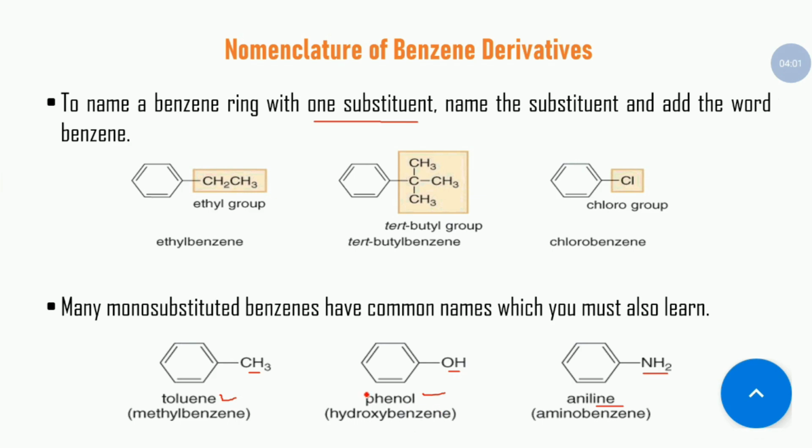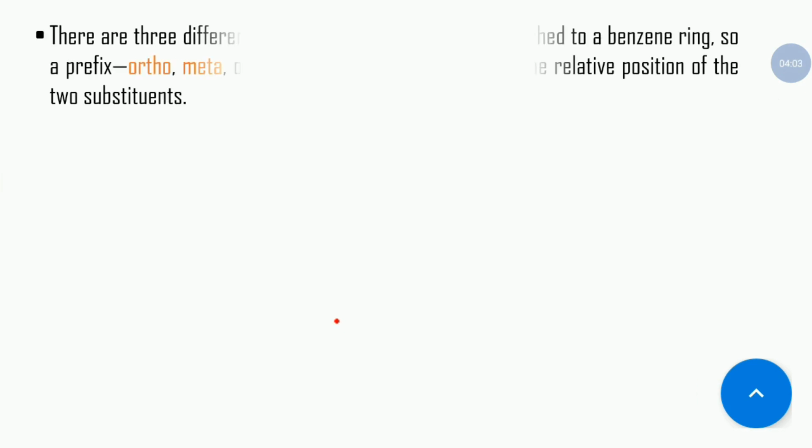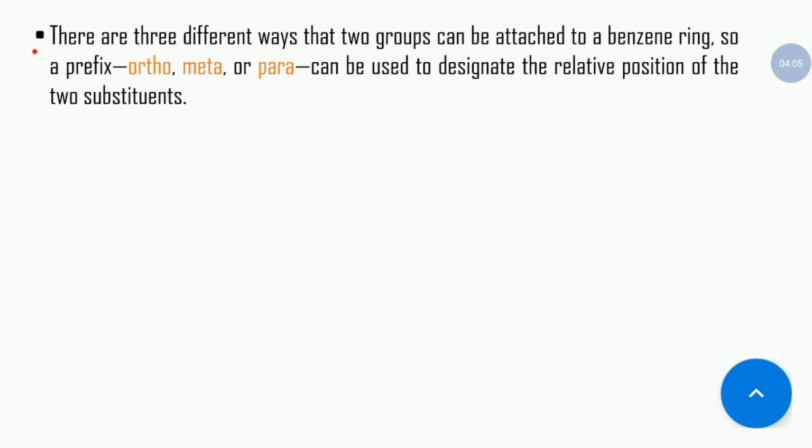Now rule number 3, very important. There are three different ways that two groups can be attached to a benzene ring. This is for disubstituents, because two groups are there with the benzene ring.